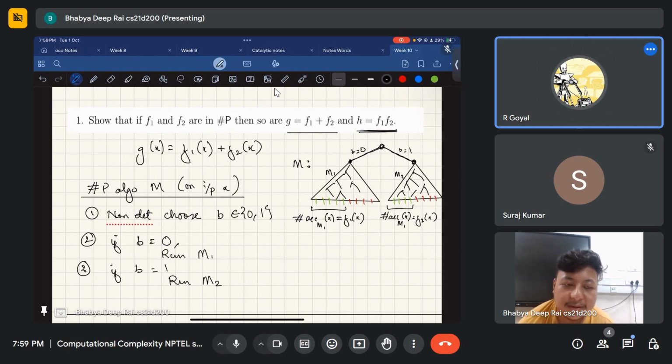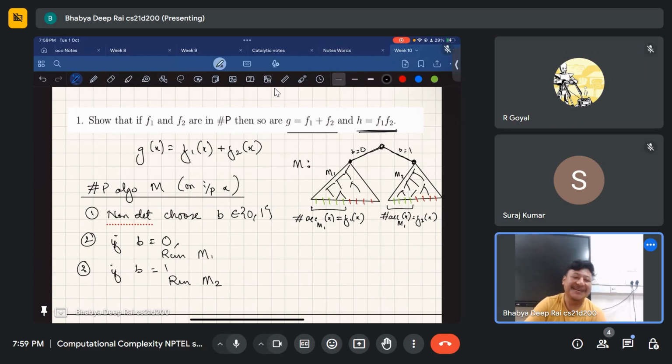So why is this counting thing important? Why is counting complexity important, and why is Sharp P important?